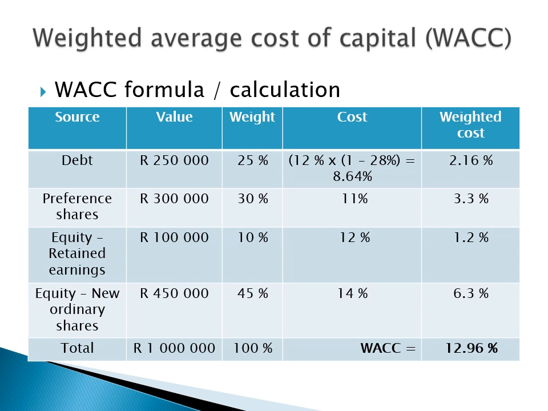Similarly for preference shares, 300 divided by a million is 30%, so 30% of our funding comes from preference shares. And the total should always be 100%, because we've got 100% funding that comes from our various sources. So that's half of the formula.